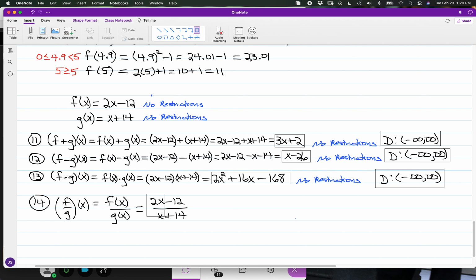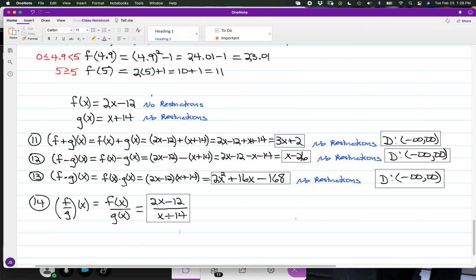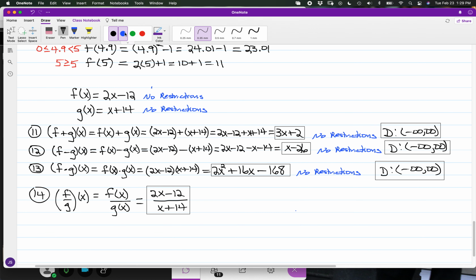Okay, and this ratio, just filling in for both f of x and g of x, that's going to be in simplest form. Now where the domain is concerned, okay, no longer do we have no restrictions, because here we have g of x cannot be 0. So yeah, the x plus 14 cannot be 0. So we have the x cannot be equal to negative 14.